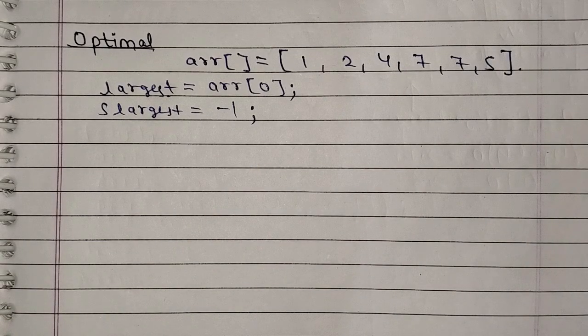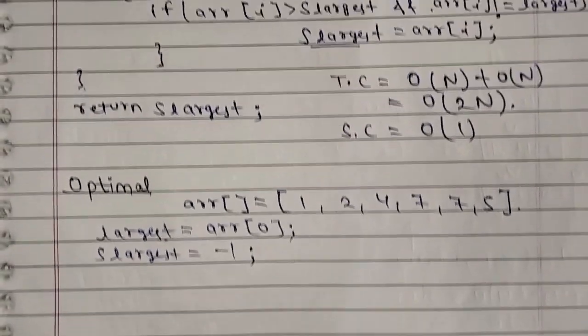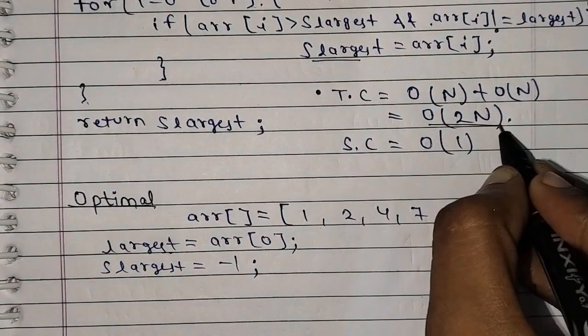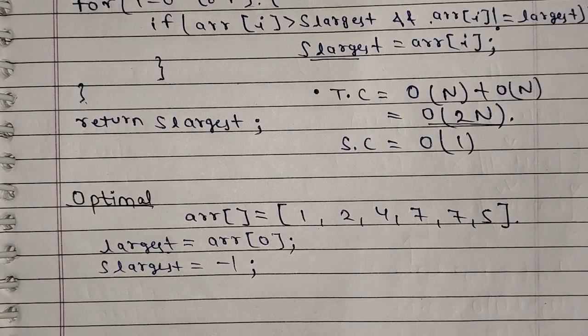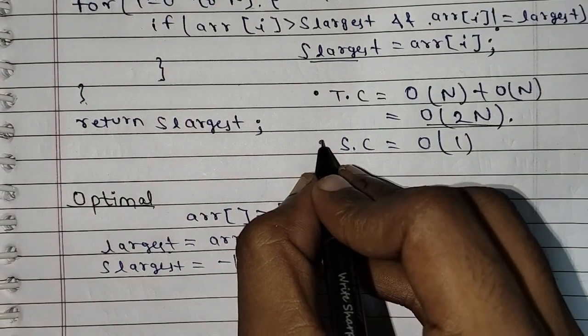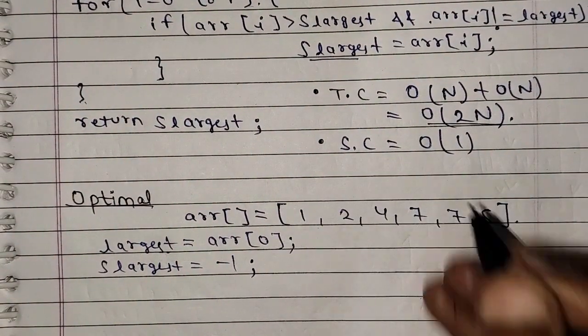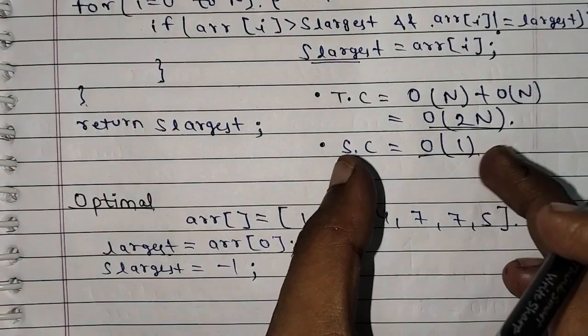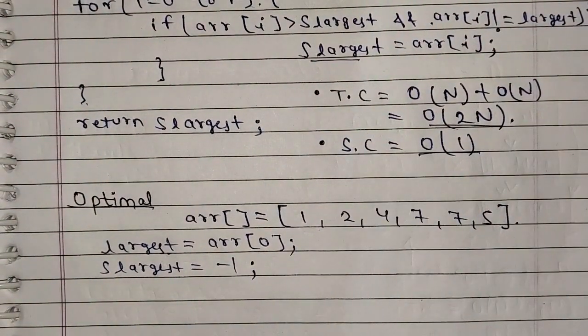So we are going to iterate in this array, because in the better approach the time complexity is big O of 2n, so we have to optimize this time complexity now. The space complexity is big O of 1, so we do not need to optimize that; the time complexity is optimized further.